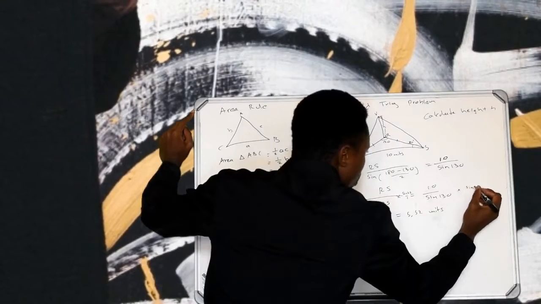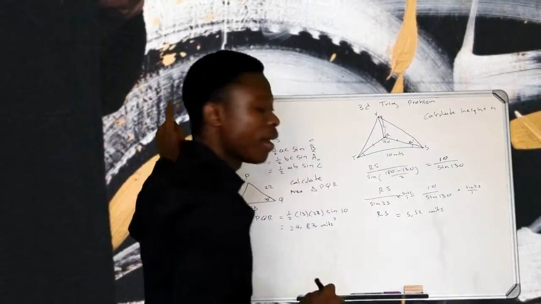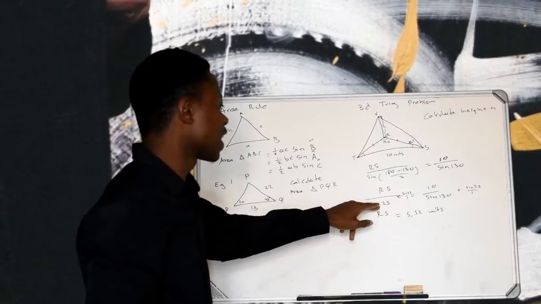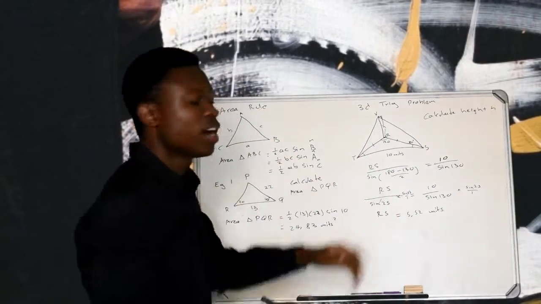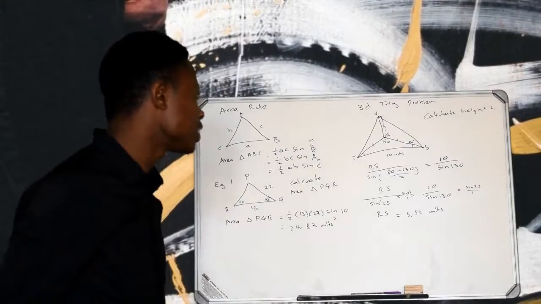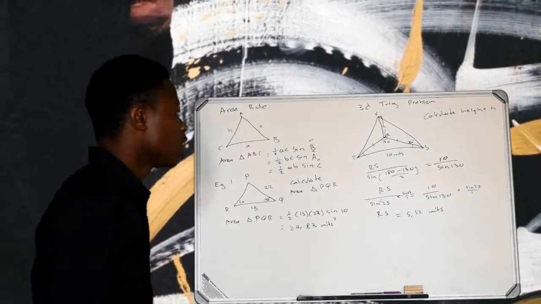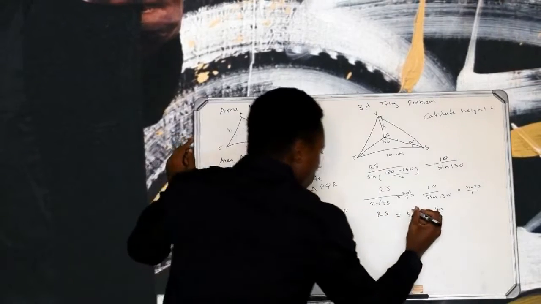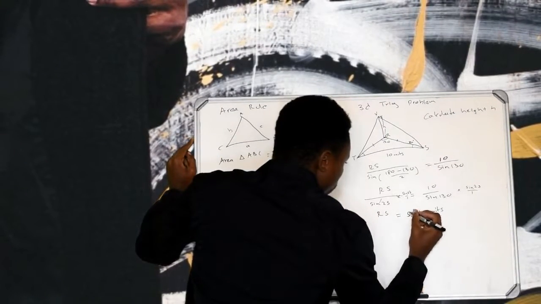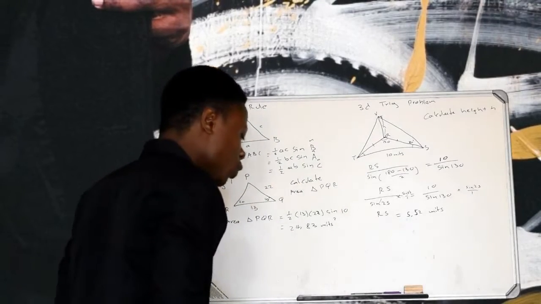All right, that's how I eliminate the sine on this side, because now the sine crosses out with that and we're left with RS on that side. So that's how I get 10 sine 25 divided by sine 130, which results in 5.52 units, right?